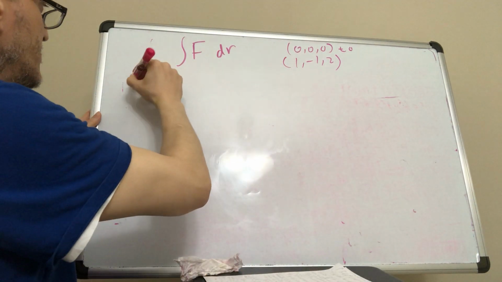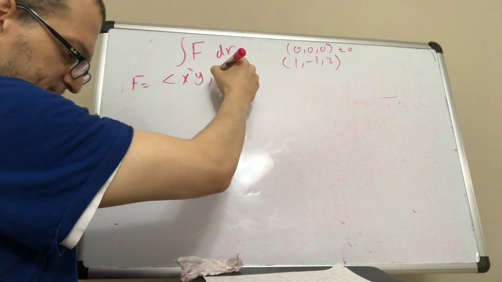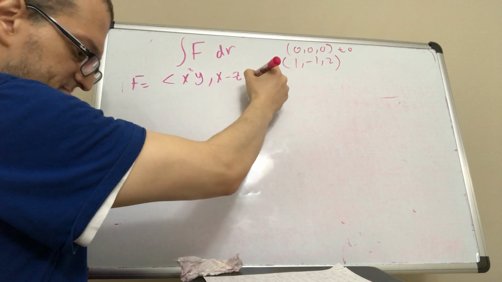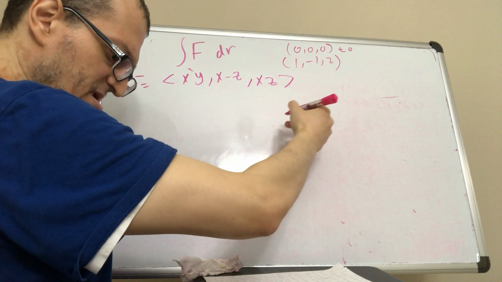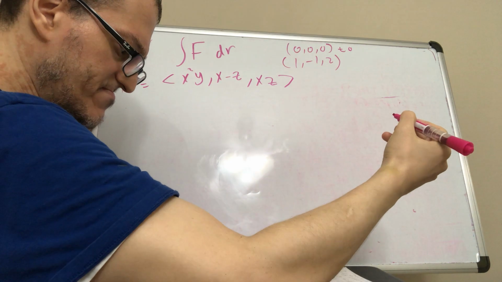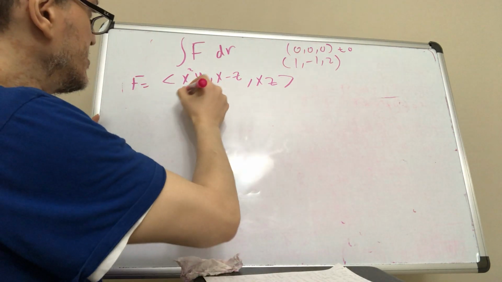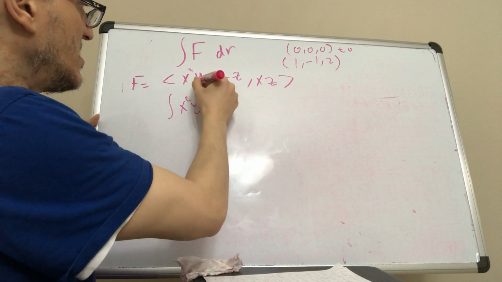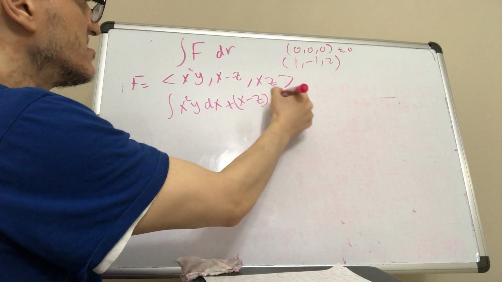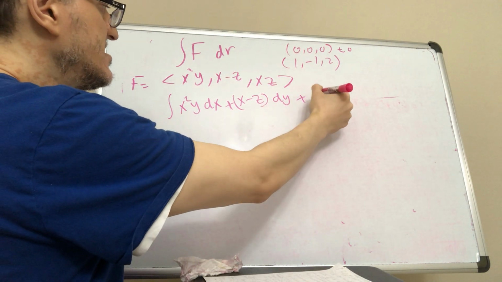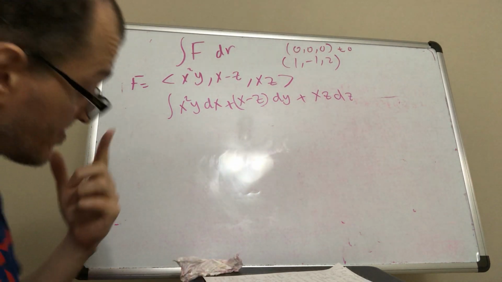And they give you the F. They tell you it's x squared y, x minus z, xz, and then they tell you, well, where is it? Basically, you're integrating x squared y dx, x minus z dy, and the last one dz. That's what they're telling you.